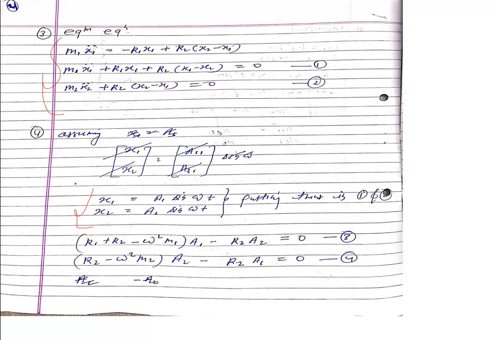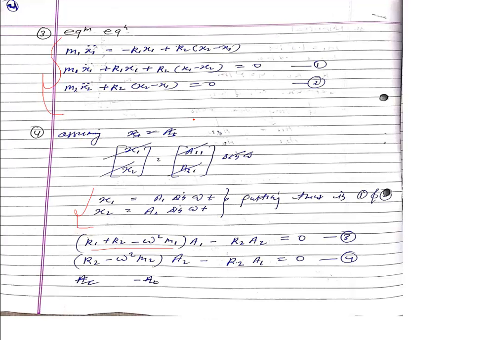So I'm going to write this in matrix form. This is multiplied by this, and this is multiplied by this. The first term and second term are multiplied by the amplitudes. These are the coefficients of the amplitudes: this is the coefficient of a1 and this is the coefficient of a2.